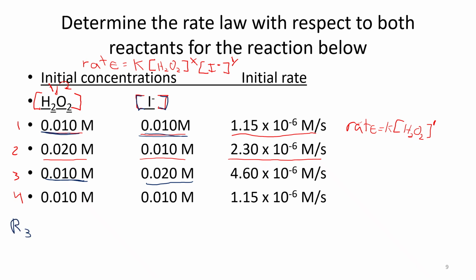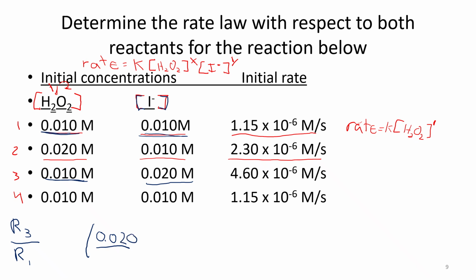So if I compare these two experiments, rate 3 with rate 1, then I can see what the effect of iodide is. Now I'm going to set my problem up the same way I did with the other reactant. I'm going to take my larger number and put that on top to make it easier to divide.